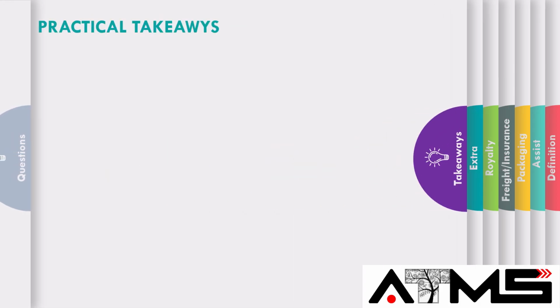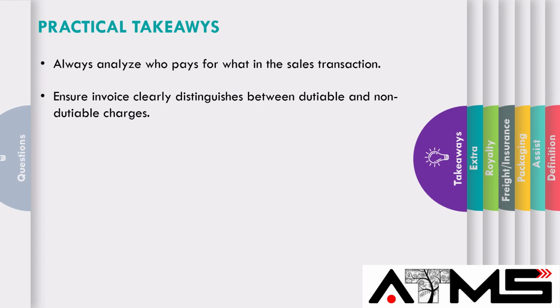Before we wrap up, let's highlight a few practical points. Always maintain a clear understanding of which party bears which cost during the transaction in order to clarify the financial responsibility and to capture the accurate transaction value. Ensure the commercial invoice clearly distinguishes between dutiable and non-dutiable items.